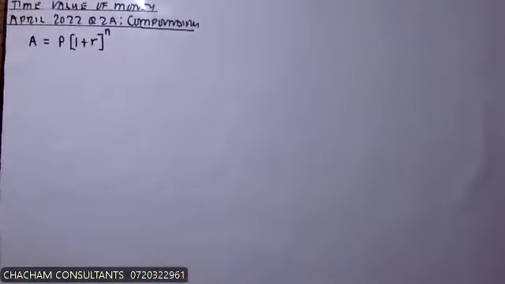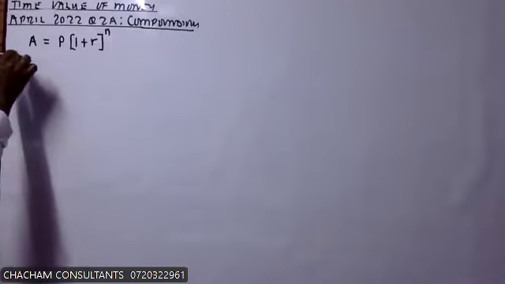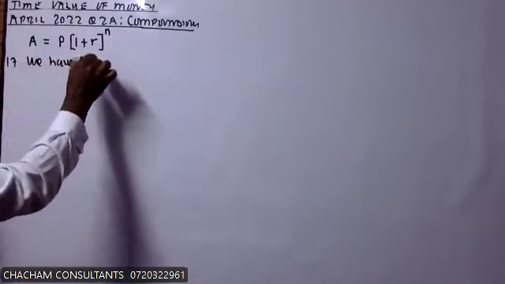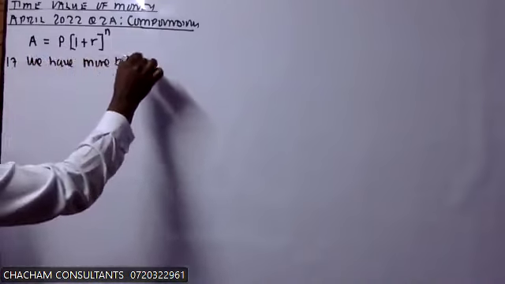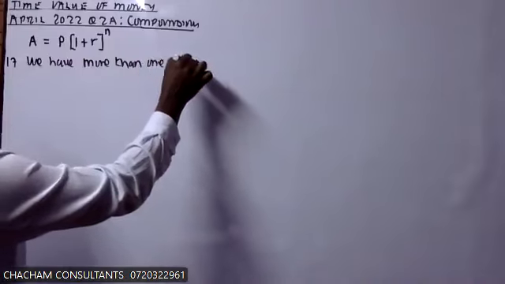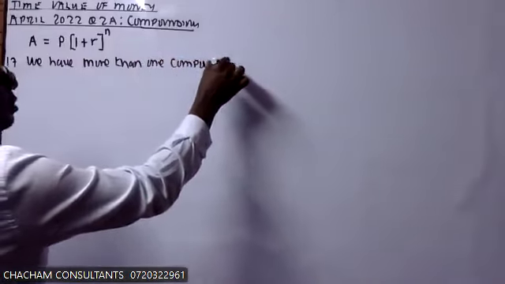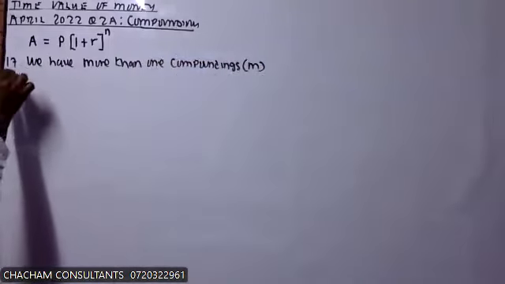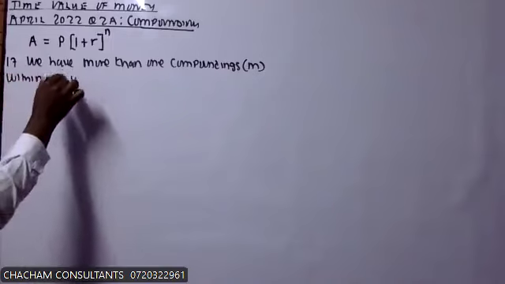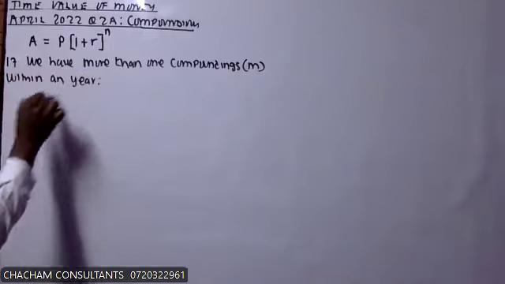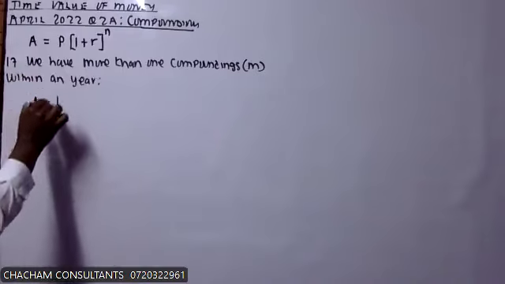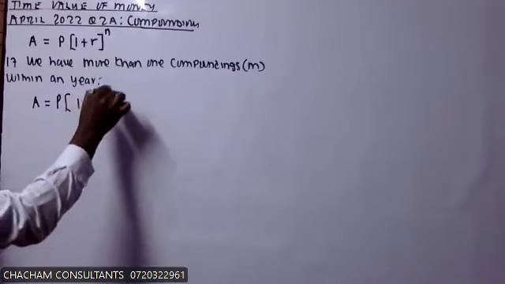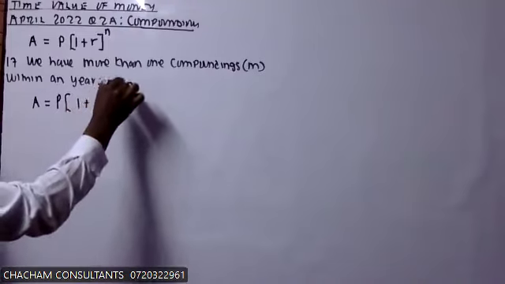And then we said, if we have more than one compounding, that is m, within 1 year, then the amount should be equal to principal times 1 plus r divided by m, raised power nm.